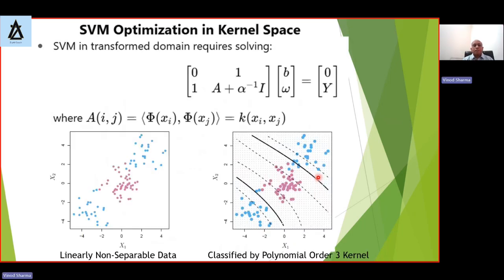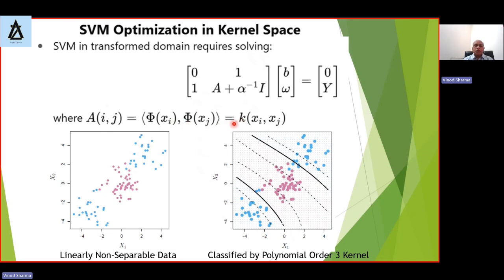Here is an example. But before that, let me just complete this. Once we have SVM, as before, we use the dual optimization problem and write it in this form. Now this A matrix has ijth element, which is the inner product of phi(xi) and phi(xj), because now we are working in the transform domain.